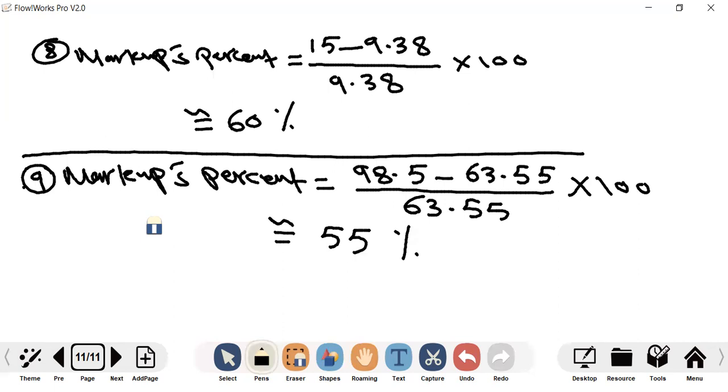Let me check. 98.5 minus 63.55, divided by 63.55, multiply by 100. It is 54.9. What will it be? 55. How did you get 56? I don't know. Done writing. Question 10.